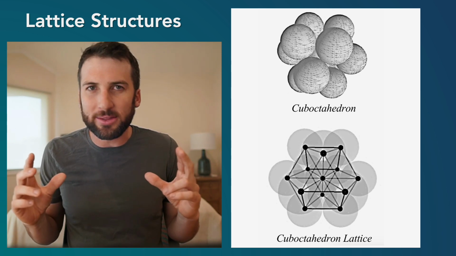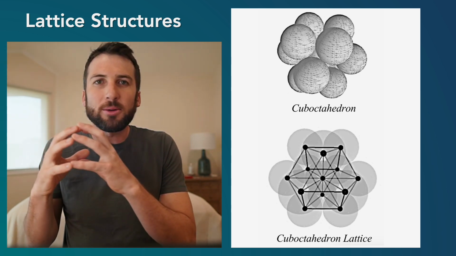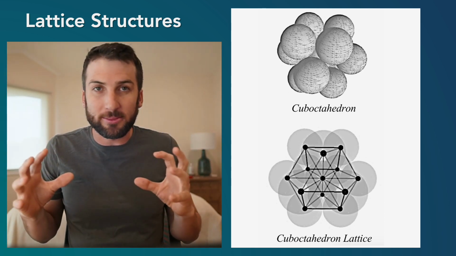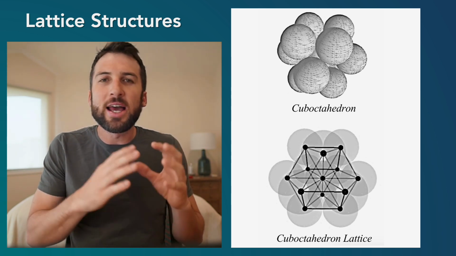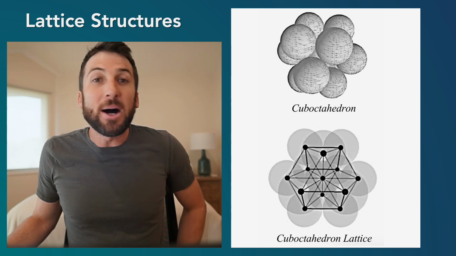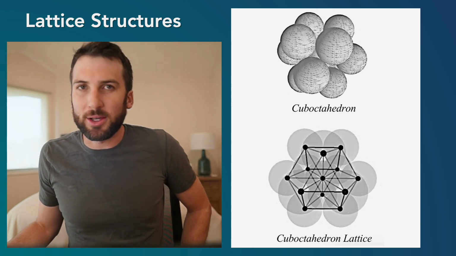Now, what's really interesting about this shape is if there's one sphere in the middle, 12 spheres can be shaped around it. Each of these elements of the cuboctahedron can now be stacked together in a lattice similar to a cube. But this is the most efficient packing of spheres in a volume.